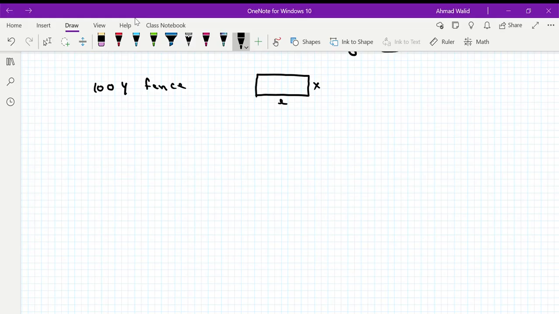The area formula for a rectangle is A equals, if I name this one y, x times what? X times y.